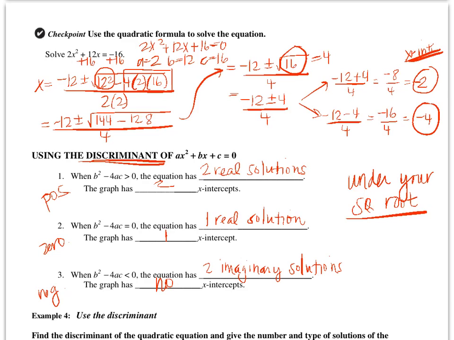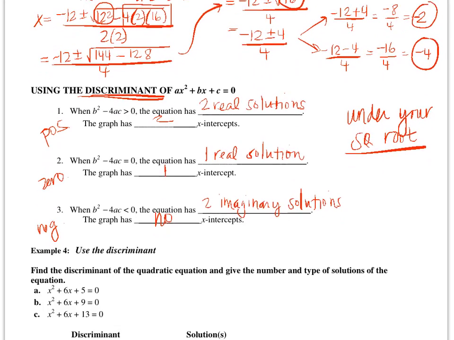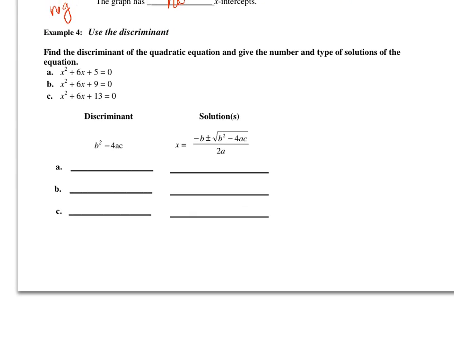Okay? Now, what I want to do is just reiterate the fact that you can tell how many solutions there are just by looking at the discriminant. So if I look at the first one, I only have to do what's underneath the square root. So 6 squared minus 4 times 1 times 5. And 6 squared is 36 minus 20 is 16. What I know from that is that there are two real solutions, and I should do the quadratic formula to find the answers.